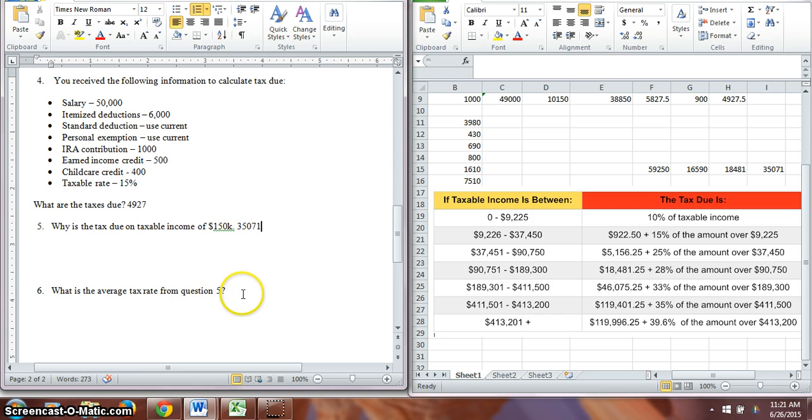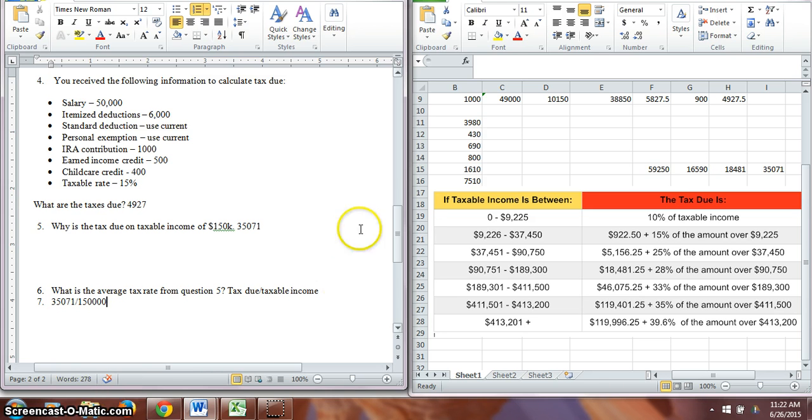What is the average tax rate from this question? Well, average tax rate equals tax due divided by taxable income. Just in case you forgot. So this is going to be 35,071 divided by 150,000.